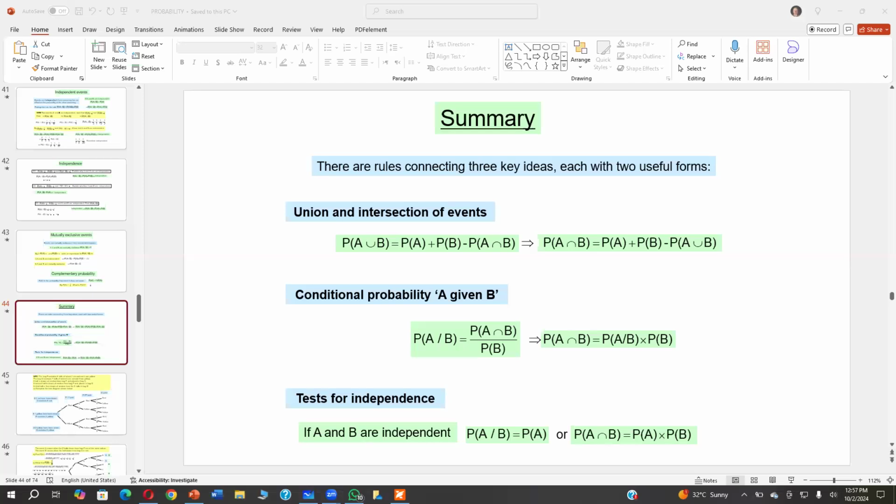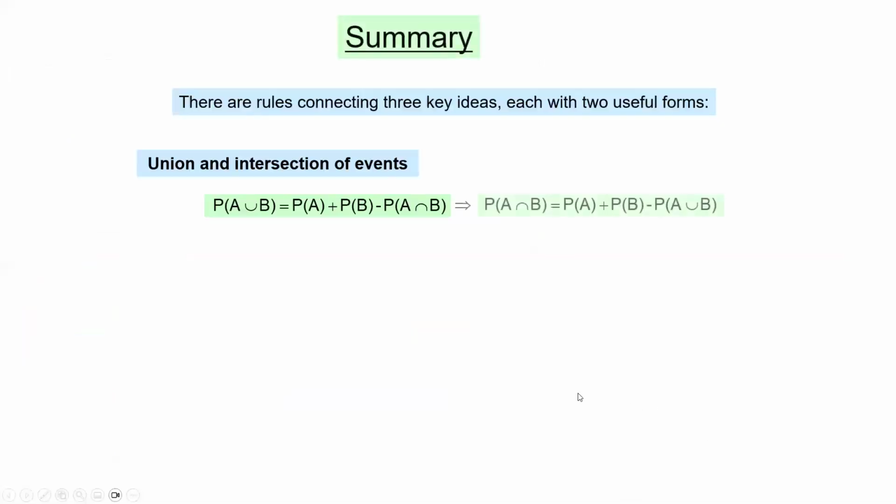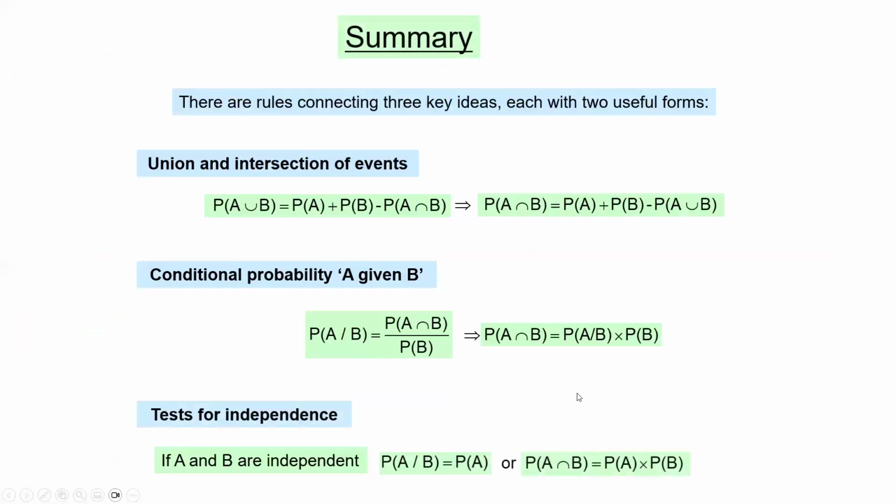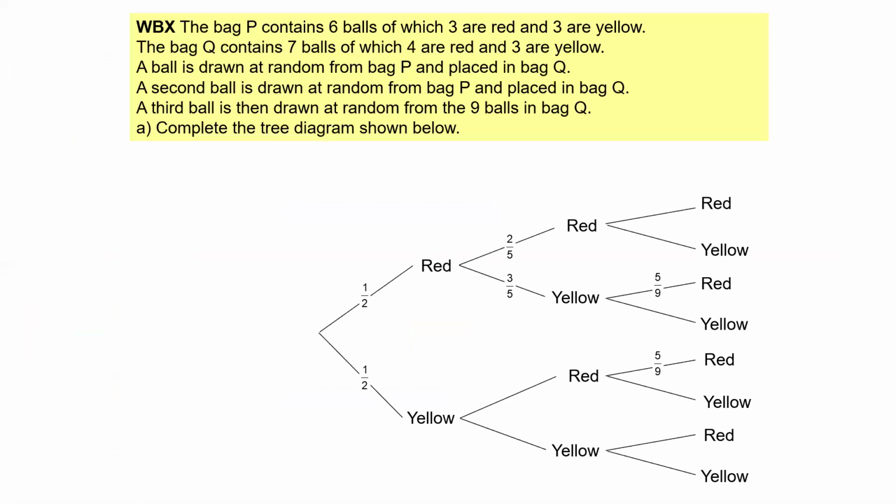Now this is a poster for that. Now look at this question. The bag P contains 6 balls, of which 3 are red and 3 are yellow. The bag Q contains 7, a long set of data.